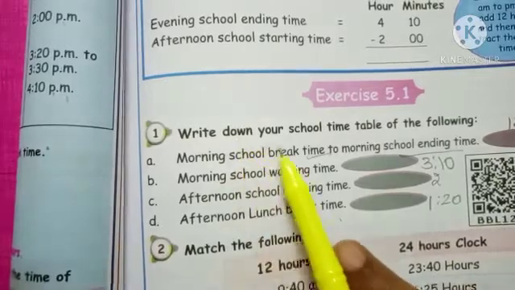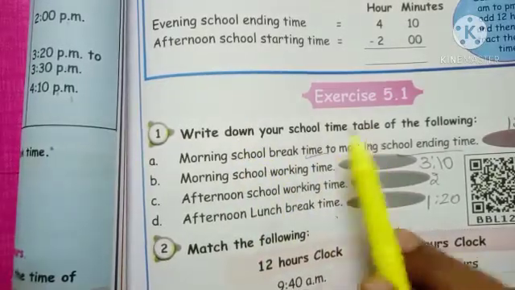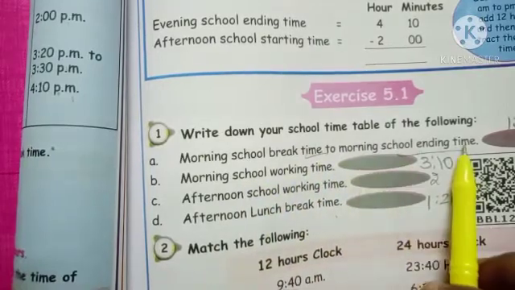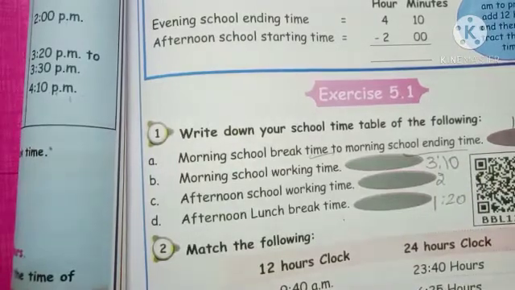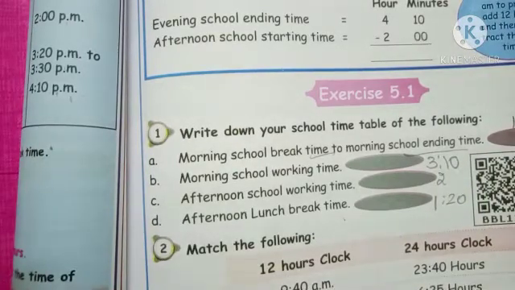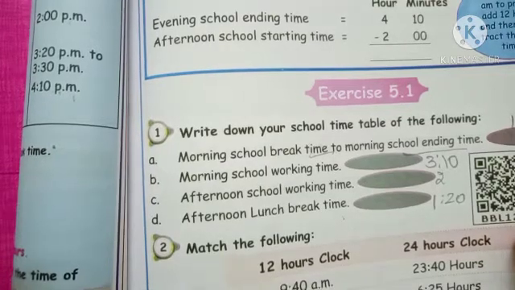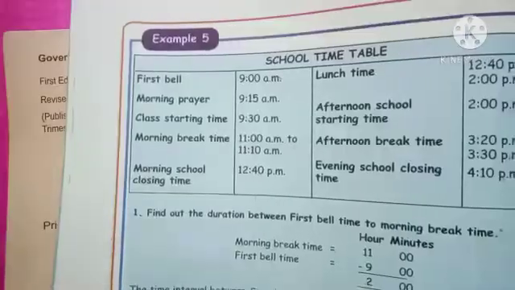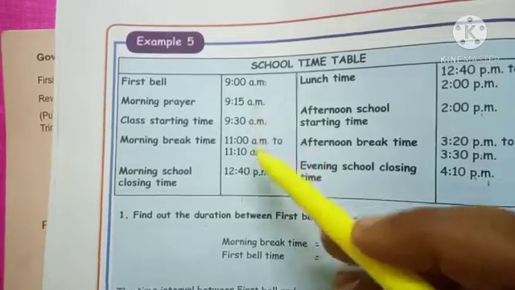So write down your school timetable for the following: morning school break time to morning school end time. The morning time is 9:30 to 12:40.